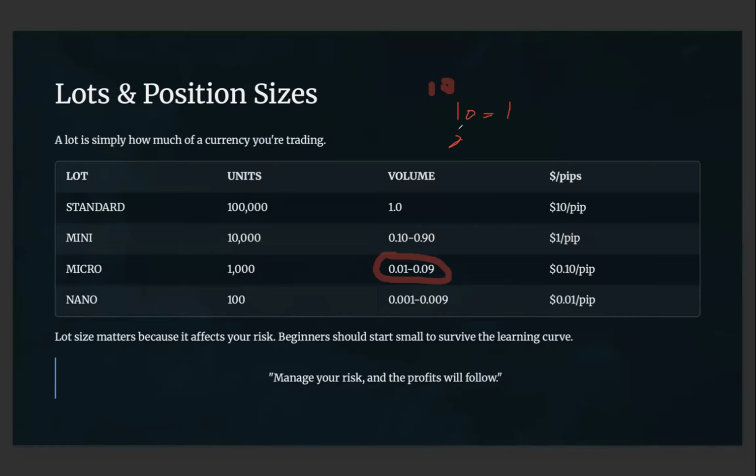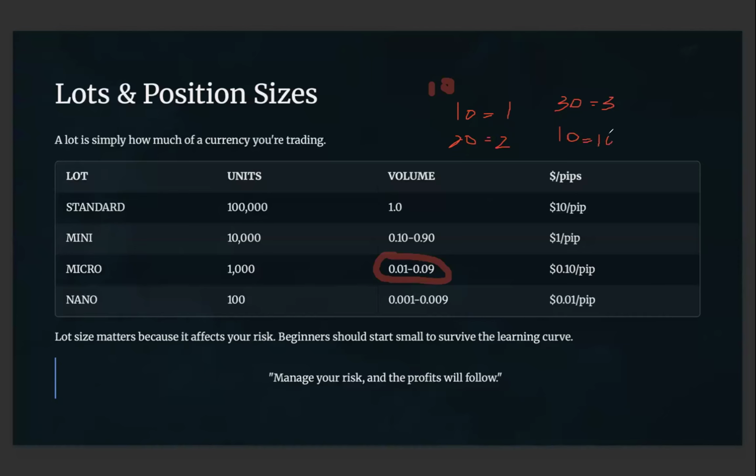I see 20 pips as 2. I see 30 pips as 3. All the way down to 100 pips, I see 100 pips as 10.